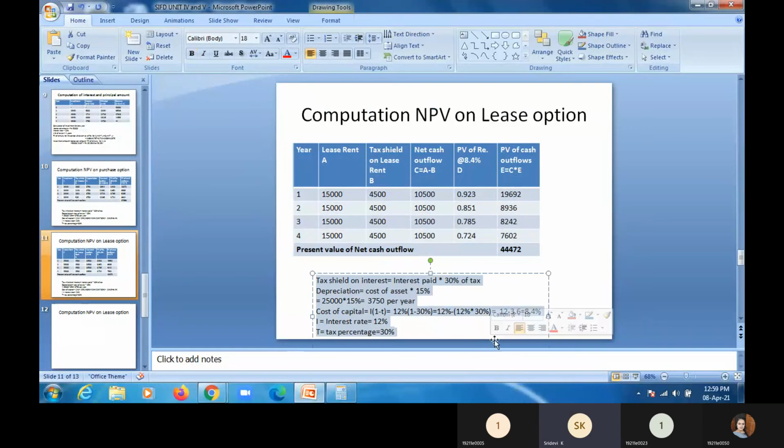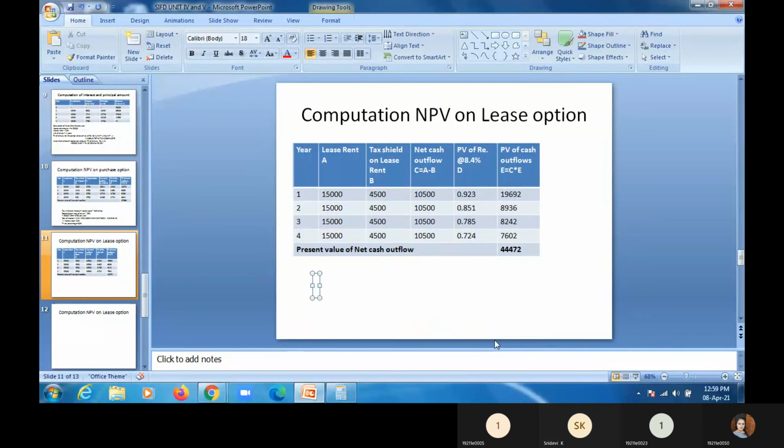So now, after getting this, you have to comment on this. Now, can you tell me what is the option that you are going to suggest, whether it is a purchasing option or lease option?